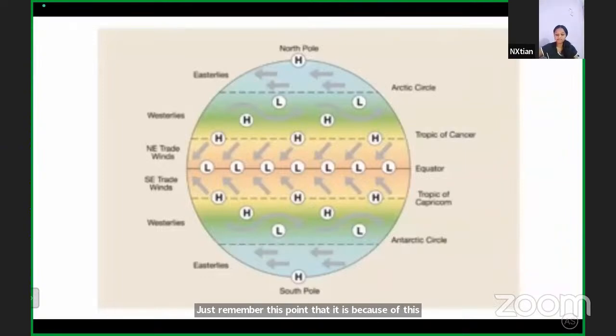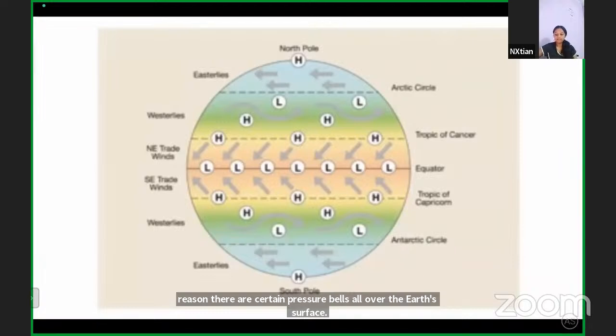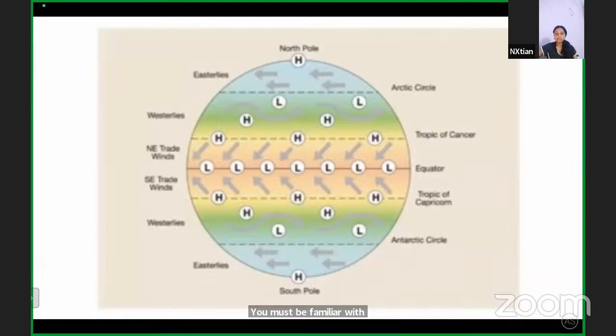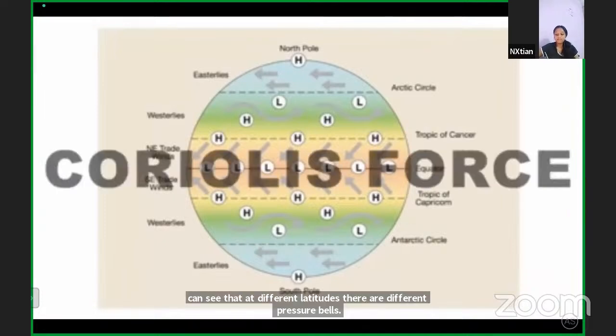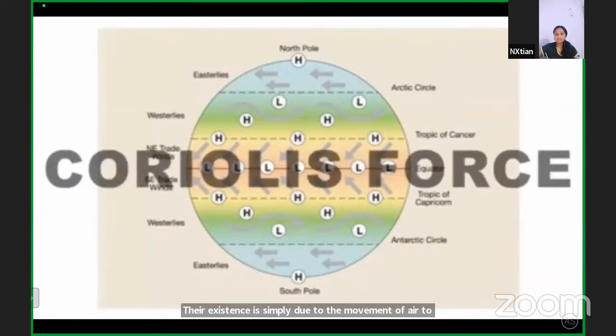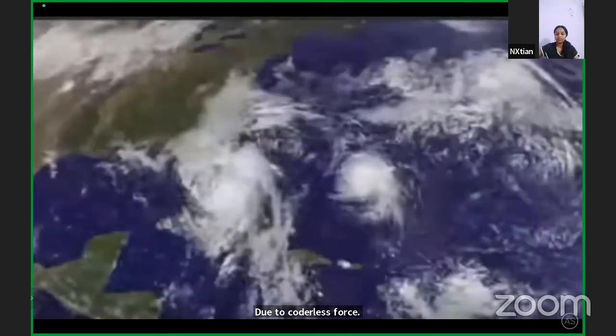You must be familiar with this global wind circulation pattern. You can see that at different latitudes there are different pressure belts. Their existence is simply due to the movement of air to the left and right due to Coriolis force. I hope so far you have understood the general movement of air.